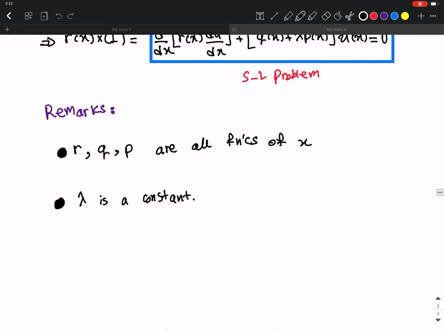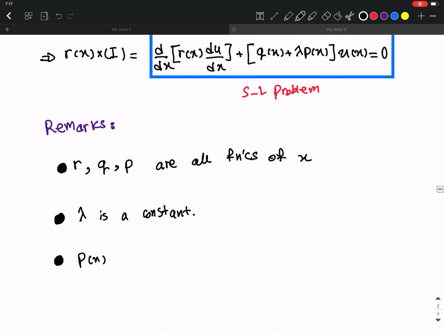The third point that I want to make here is that p(x) is often called the weight function, and sometimes it's shown with w(x) as a weight.